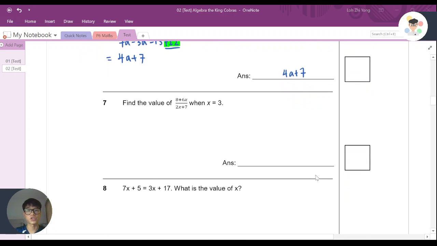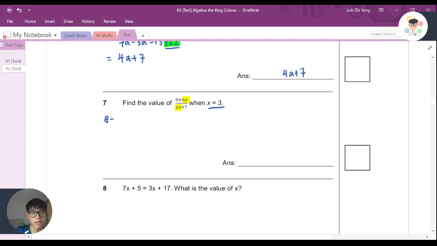Now, next one, question number 7. Here it says, find the value of 8 plus 6x over 2x plus 7 when x is equal to 3. Again, we know that 6x is 6 times x, and 2x is 2 times x. So when x is 3, it's basically 6 times 3.